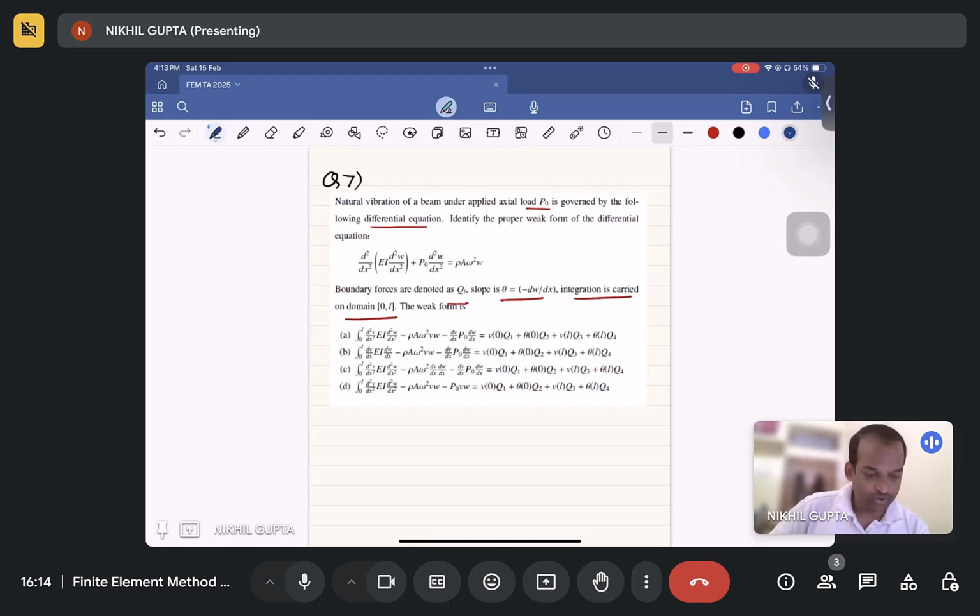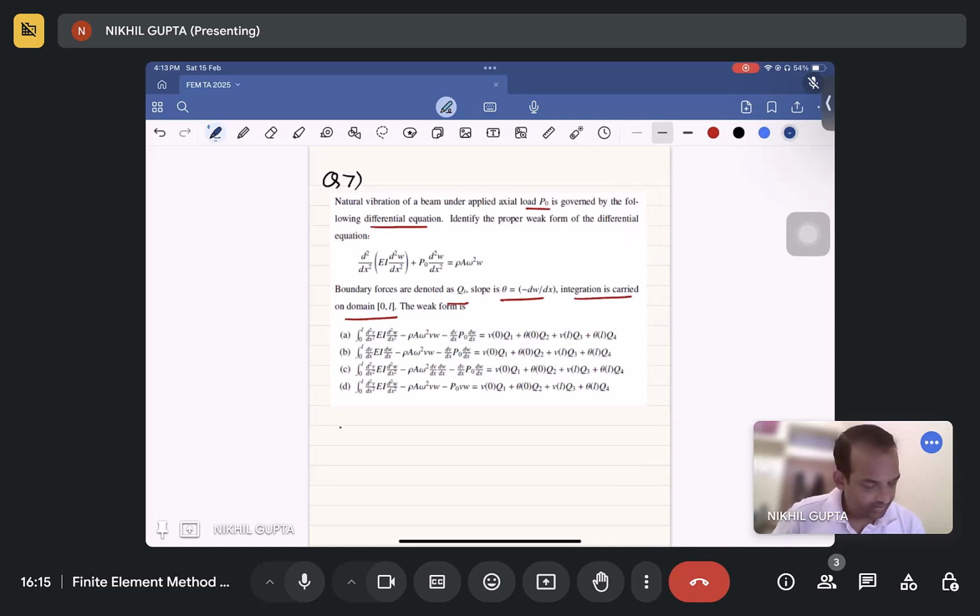How should we approach a differential equation problem to form a weak form? First we'll bring everything on one side and make it equal to zero. Then this will be a residue. Then multiply that with a weight function. Correct, correct.